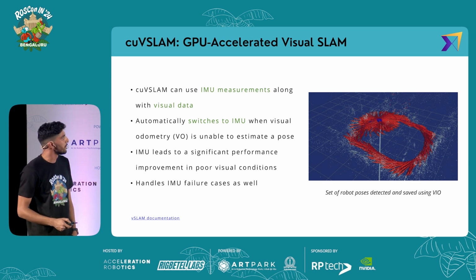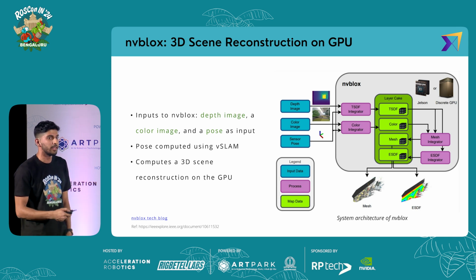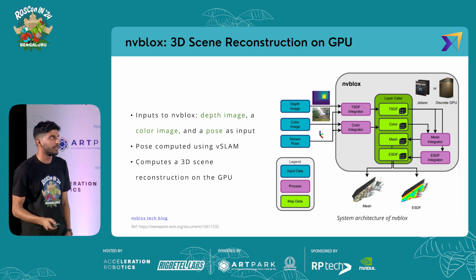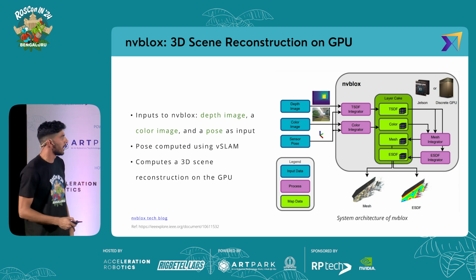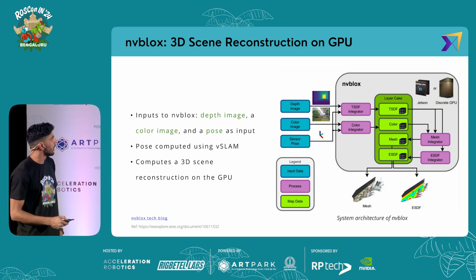This is just one example of robot poses when the robot was going around in a circular path using visual inertial odometry. In NVBlocks, we put in the depth image, the color image, and the poses, and it does what we call scene reconstruction. It gives us the signed distance fields of the environment around the robot, and we are running this on a GPU.